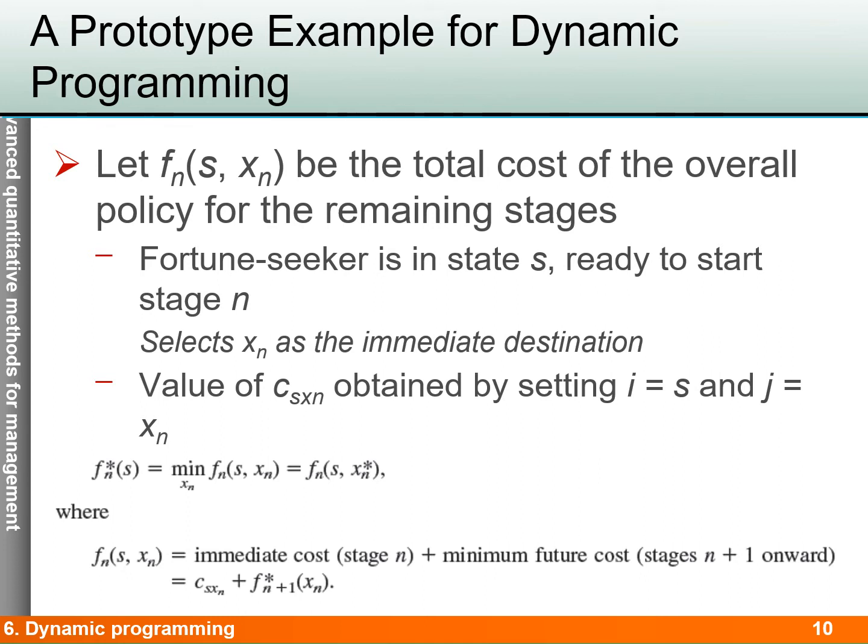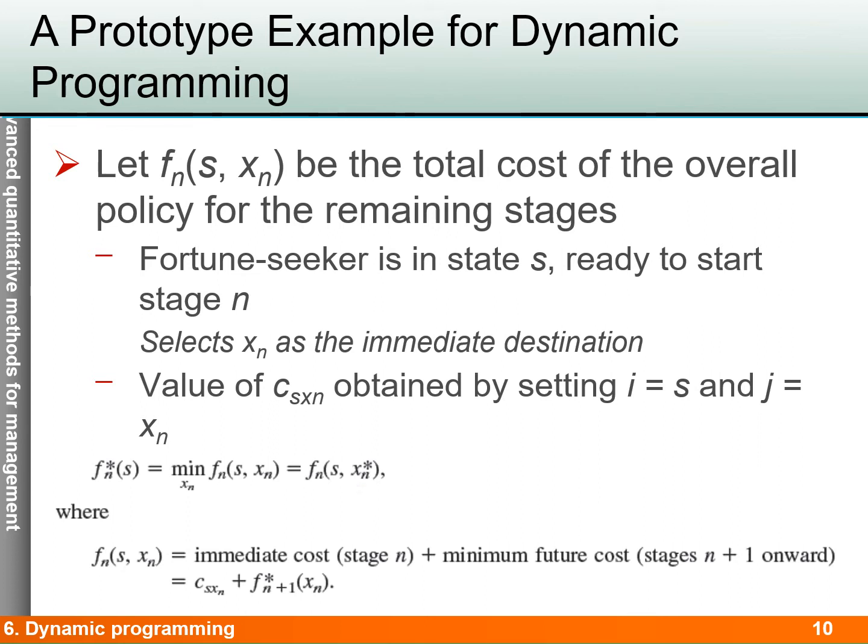So as you see here, fn star of s is the minimum of each of these fn's. For example, if I am in stage 2, it is the minimum of these elements. For sure, I can show the xn that is minimum with xn star.